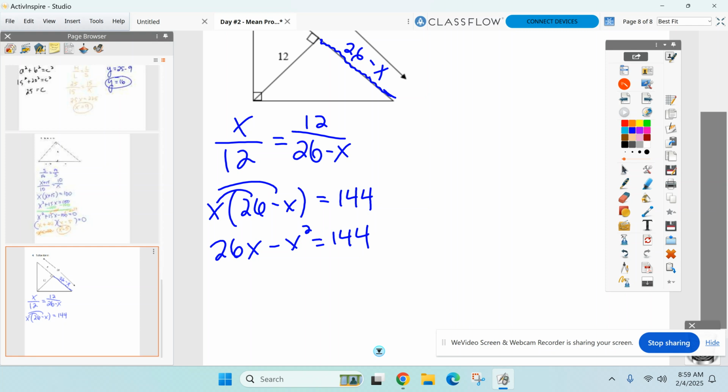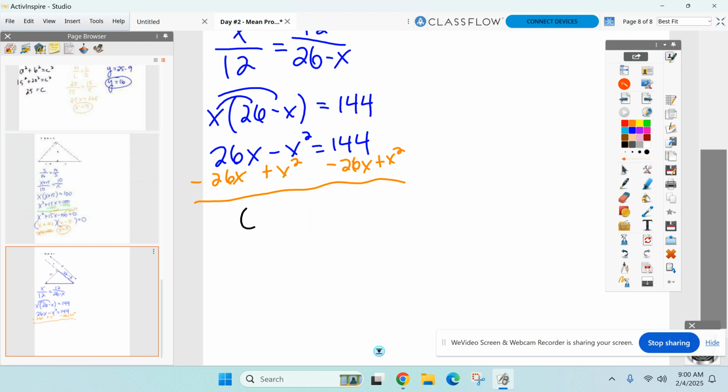I know it's convenient to move that 144 over to the left, but you still have negative x squared, and that's not going to fly with me. So instead, I'm going to move over the 26x by subtracting and add the x squared over. So it's positive. Try to keep your x squareds positive, kids.